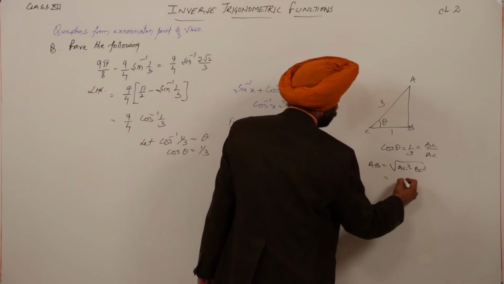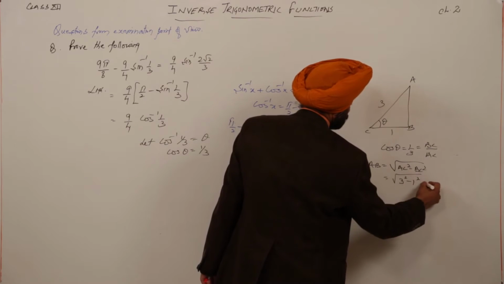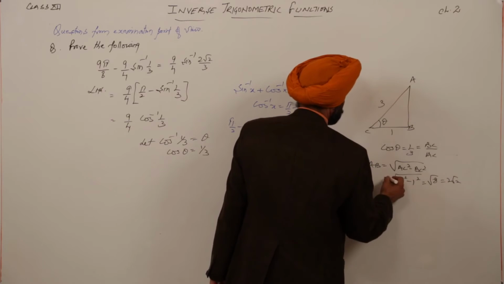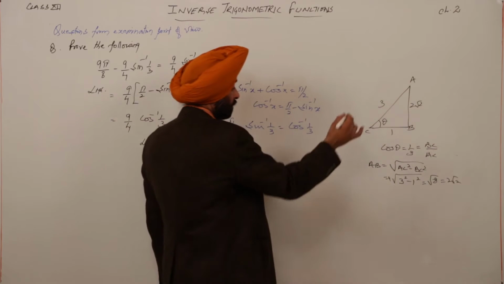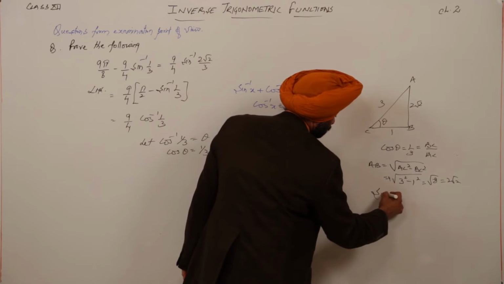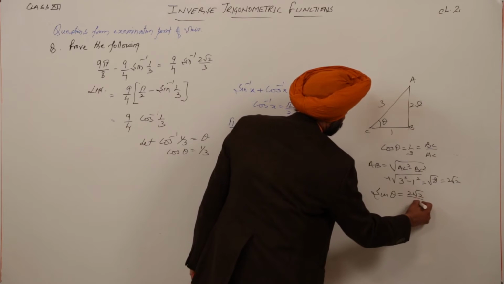What are we getting here? 3 square minus 1 square under the root. This is under root 8, and this becomes 2 root 2. We take the positive 2 root 2. Now from here, sin theta is 2 root 2 upon 3.